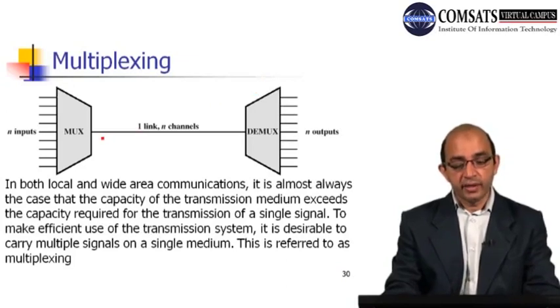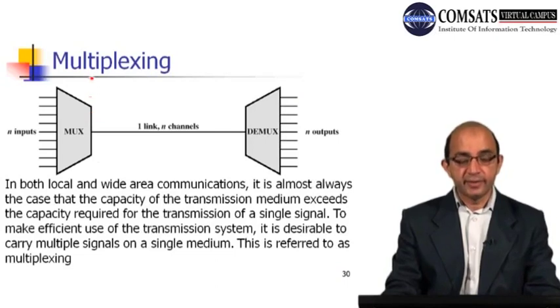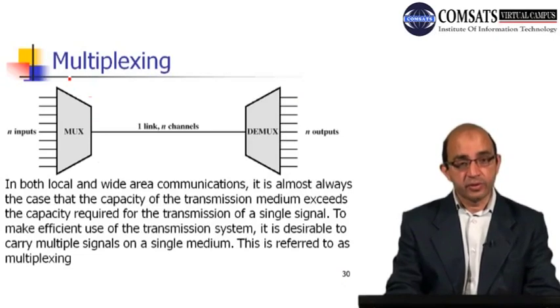You can take the example that within a city we have different inputs, let's say n inputs, and this data has to be transmitted over a longer distance to another city, and then it has to be distributed into n outputs. This is what the phenomenon of multiplexing is all about.